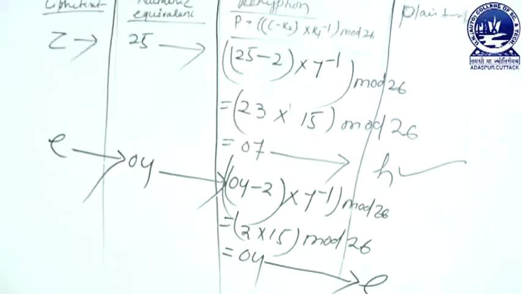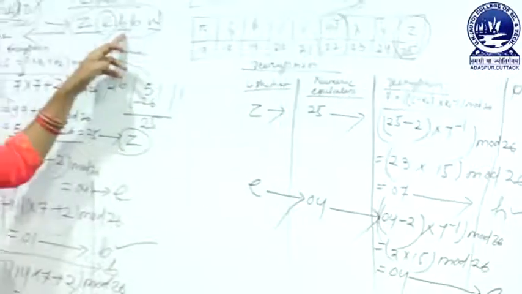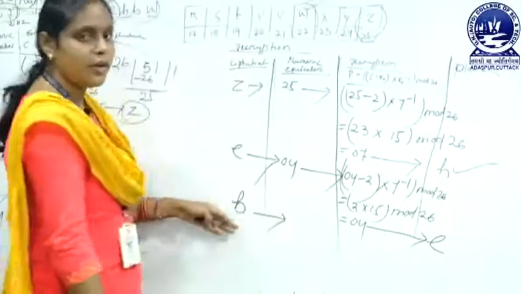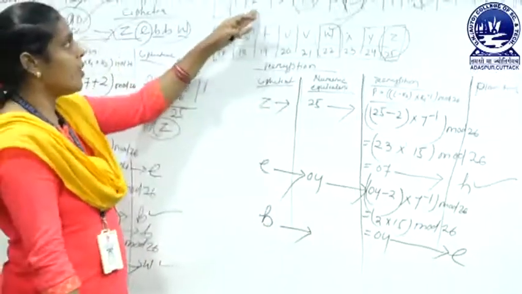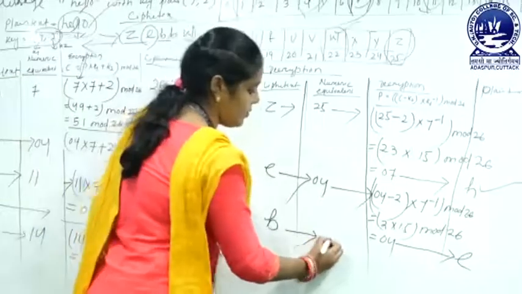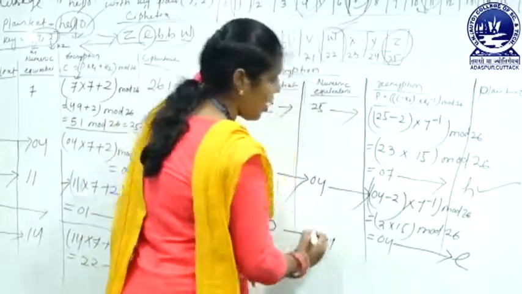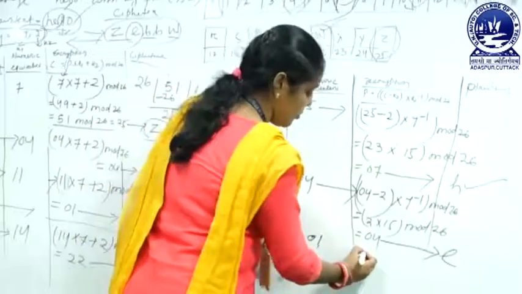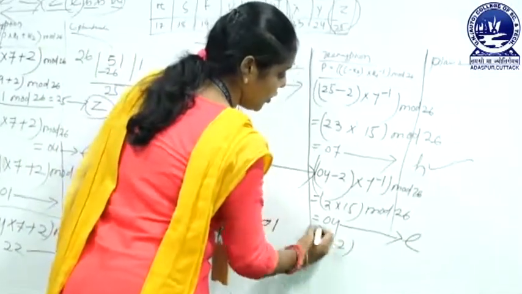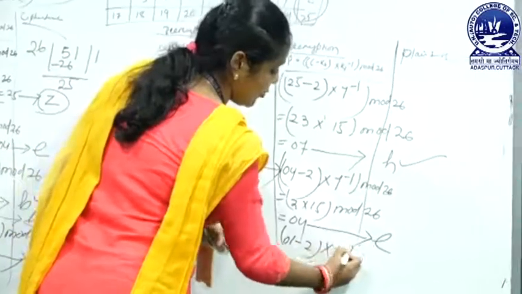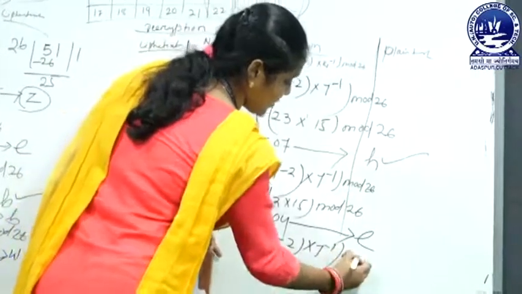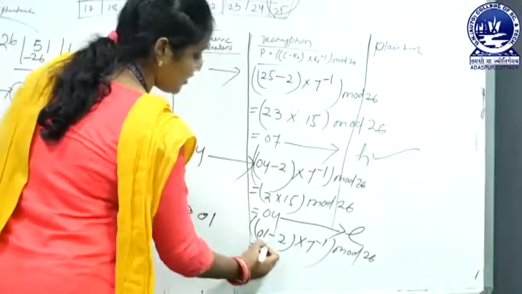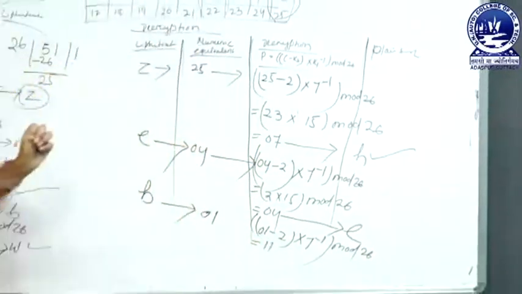Now the next alphabet of our ciphertext is B. For B the numeric equivalent is 1. Now you apply the decryption algorithm, that is C minus K2, meaning 1 minus 2 into 7 inverse mod 26, that is equal to 11.